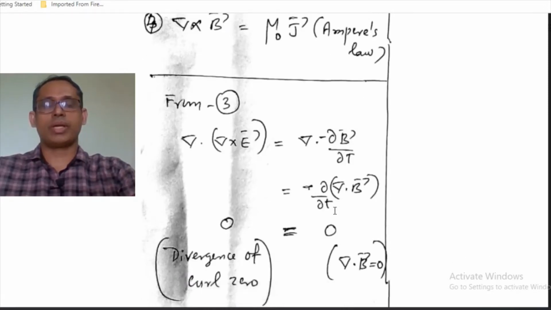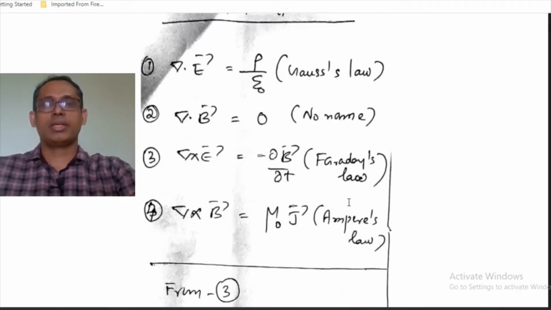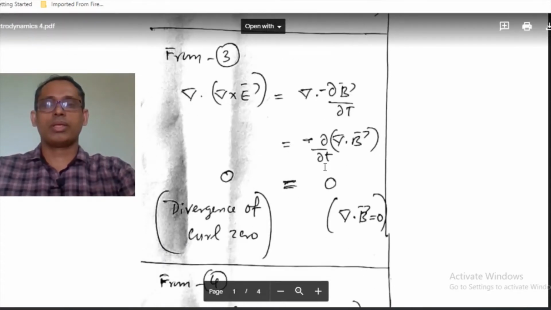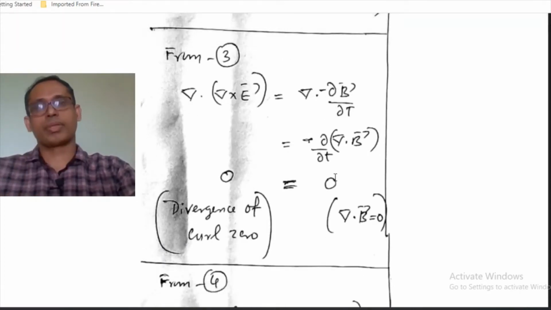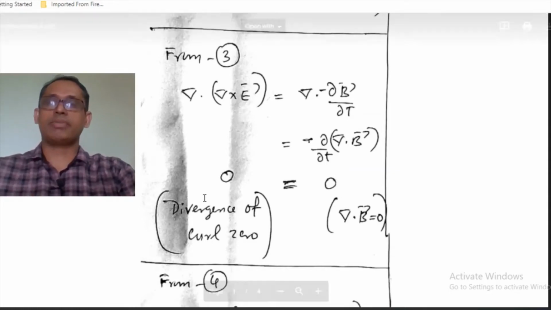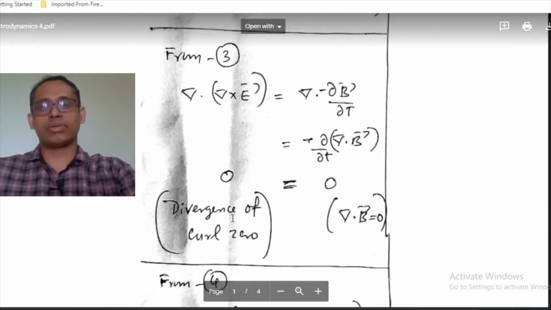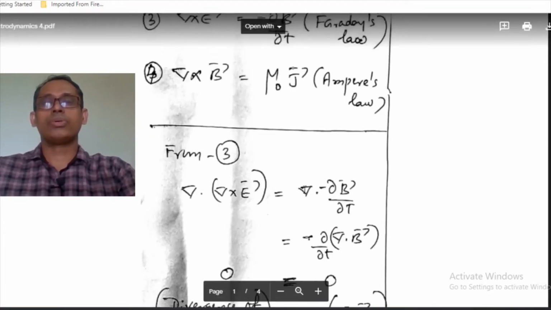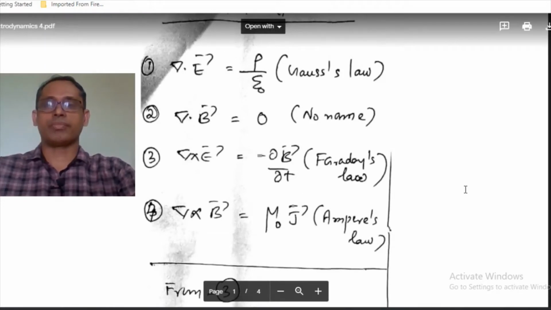So minus dou by dou t of del dot B. Del dot B is 0 by the second rule, so we get 0 on the right hand side. Left hand side is 0 because the divergence of curl is equal to 0. Okay. So this is from equation 3.